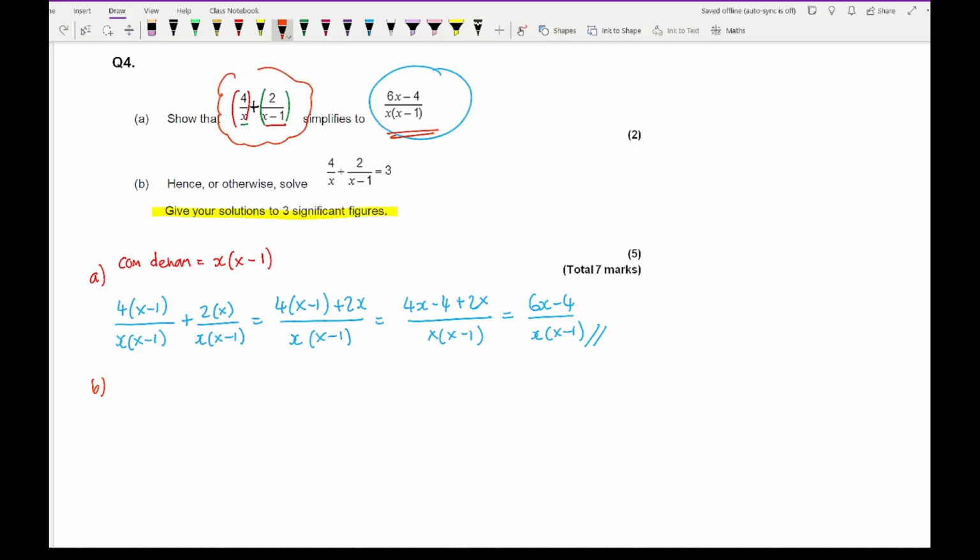So rather than writing 4 over x plus 2 over x minus 1, instead I can say that 6x minus 4 over x minus 1 equals 3, because this bit here I've shown in part A equals the other bit. You don't have to recognise this, but it does say hence or otherwise. So again, you could just do what we did before, but I'm going to use this.